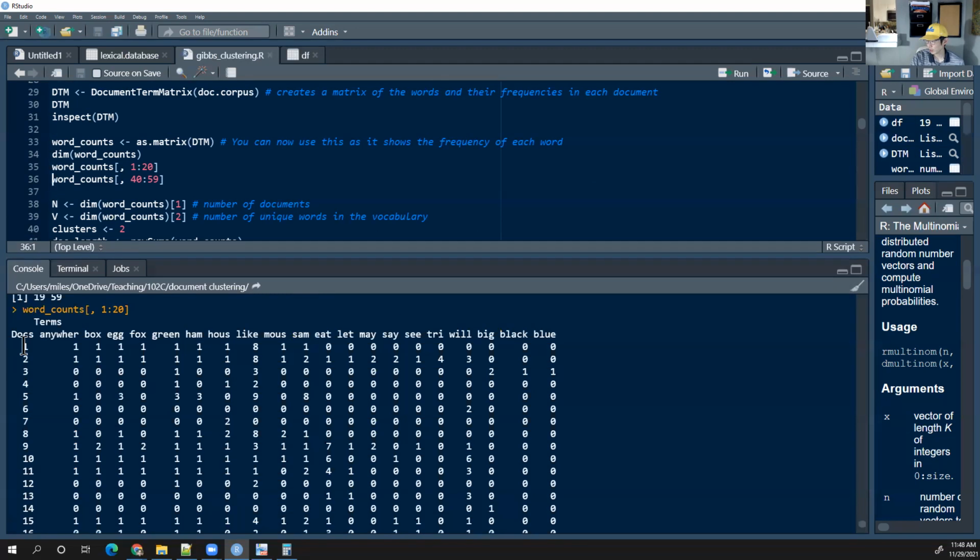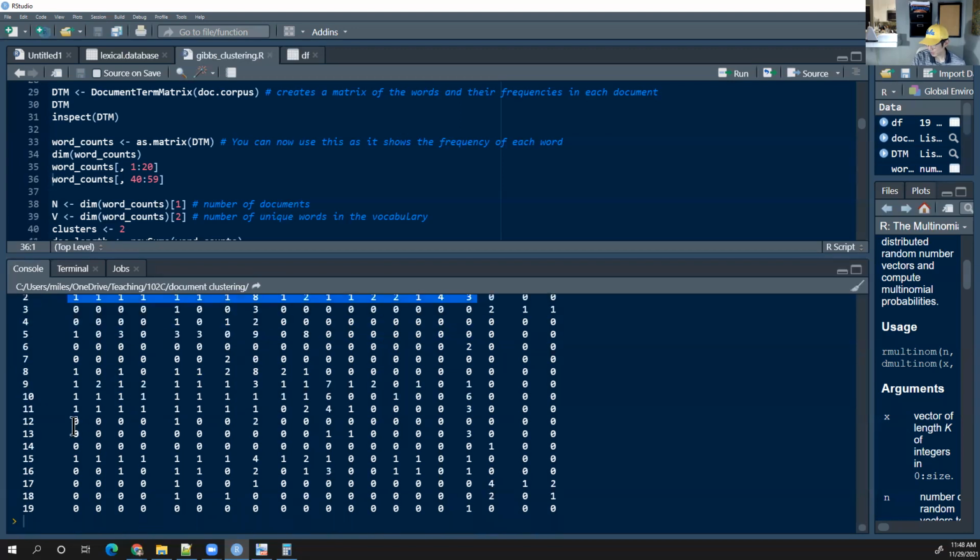So document 1 has the words anywhere, box, egg, fox appear 1 time, green, ham, house, like appears 8 times, mouse, Sam, right? So based on these counts, it looks like this document belongs to Green Eggs and Ham, right? And probably these ones do not, okay?